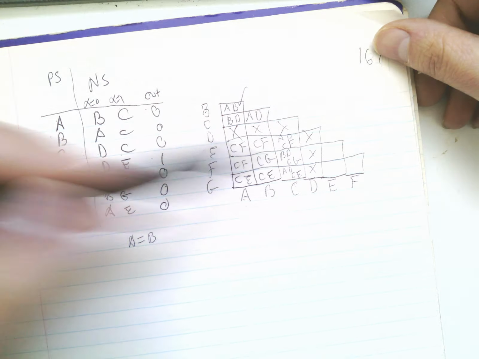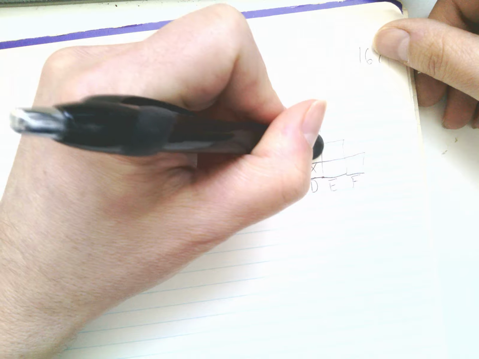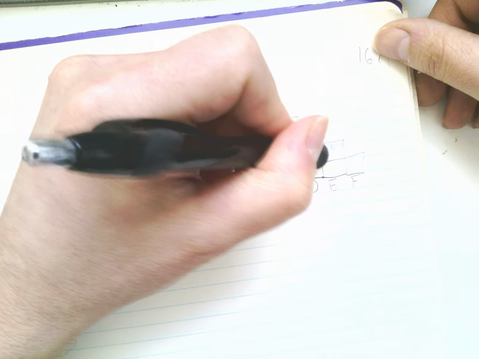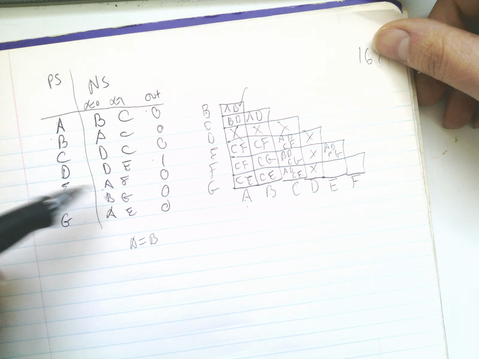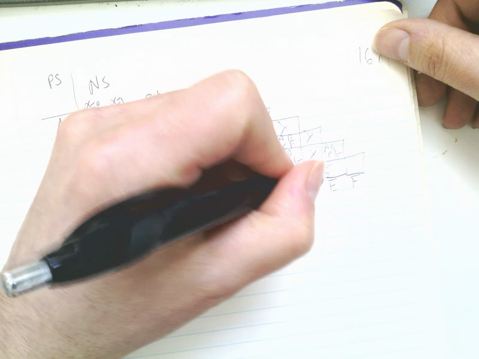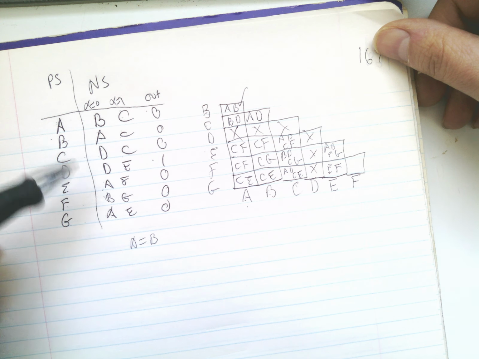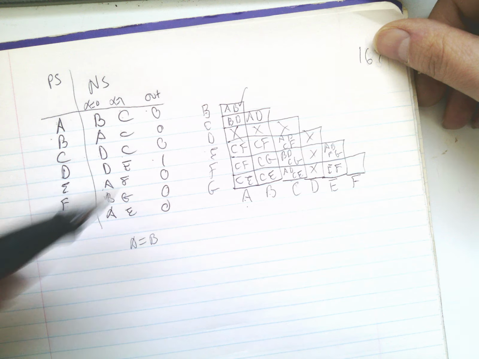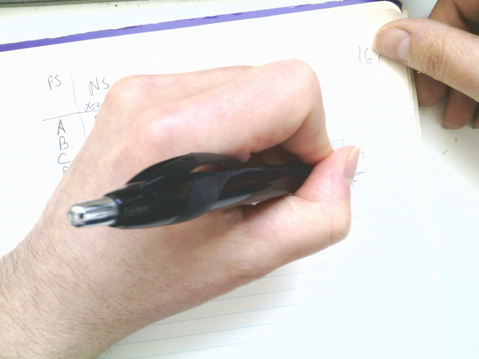Now we do E to F, that's AB, FG. Then we do E to G, AA, they're equal, FE, or EF. And then comes F to G again, that's AB, GE.